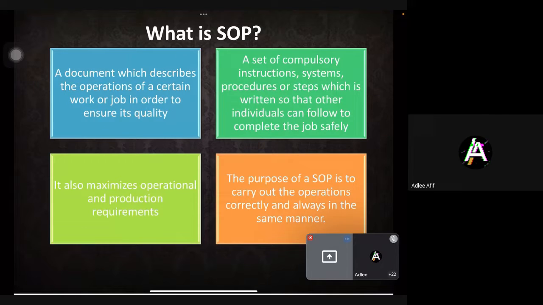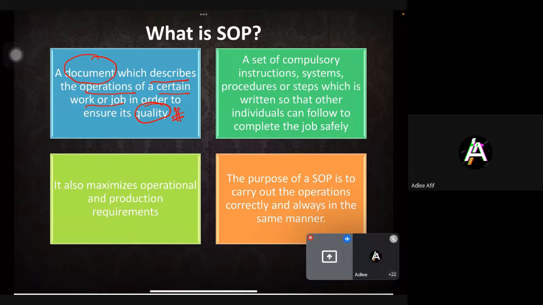But what do you mean by SOP actually? SOP is actually a document. Remember, it is going to be a document all the time, which describes the operations of a certain work or job. How are you going to perform the task or the job in order to ensure its quality? So over here, your biggest concern will be the quality.